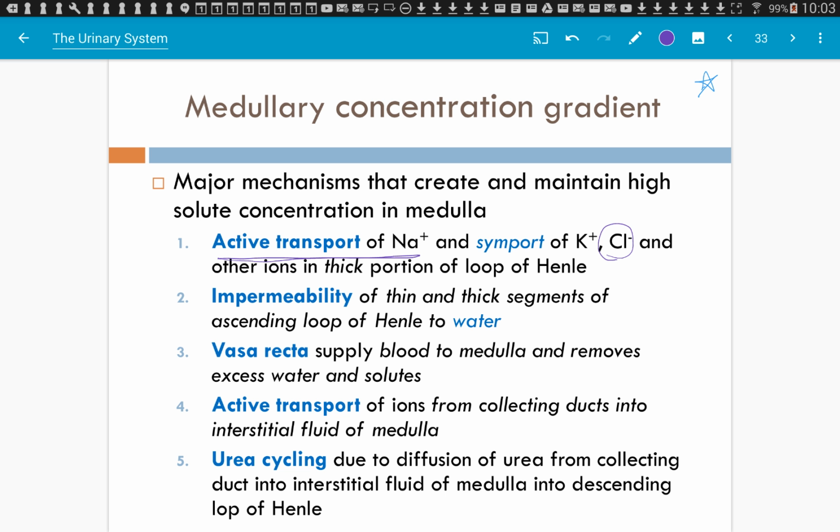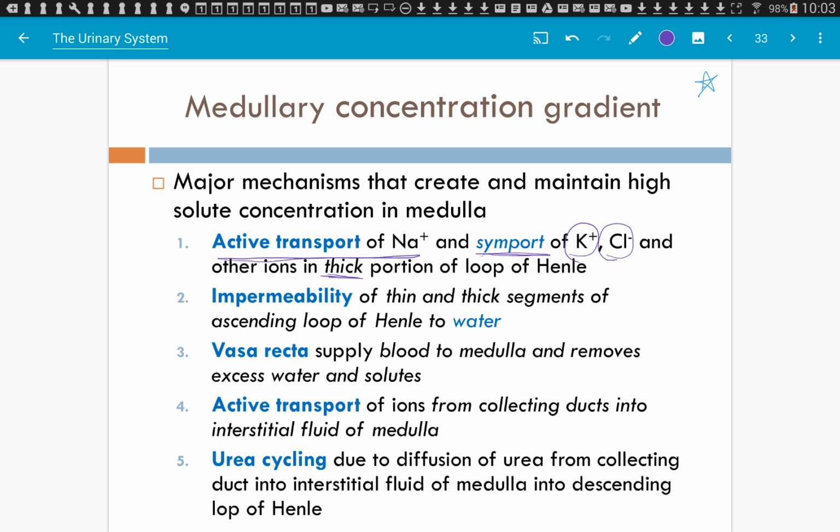So that's symporting. But you can also have potassium symport as well. And this is in the thick portion of the loop of Henle, so you have to use energy to pump something out of the tube into the interstitial space of the kidney.